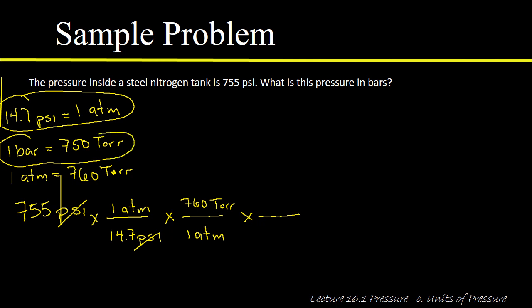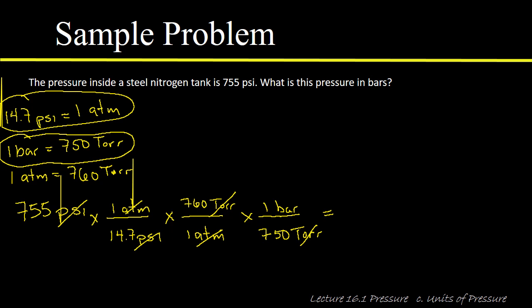For that, we'll use this conversion factor here. And again, we want torr to cancel, so we'll put torr on the bottom. 750 torr is equal to 1 bar. Okay. Look at our units. Our atmospheres cancel. Our torr cancel. And that should give us our result in bars.